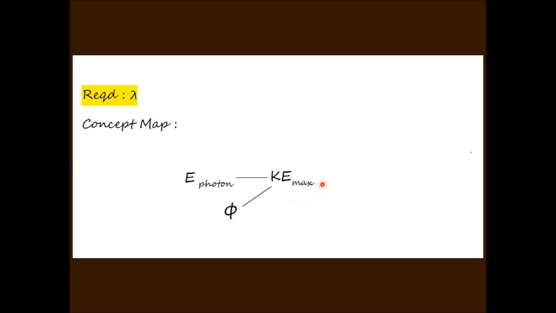The maximum kinetic energy of the stream of electrons is obtained from those electrons that were initially at the highest energy within the cathode. That energy is given by the width of the forbidden zone within the cathode, which is given by the work function energy phi. From the quantization of light, the energy of each photon is given by the frequency of the incident light, or alternatively, the wavelength of the incident light.